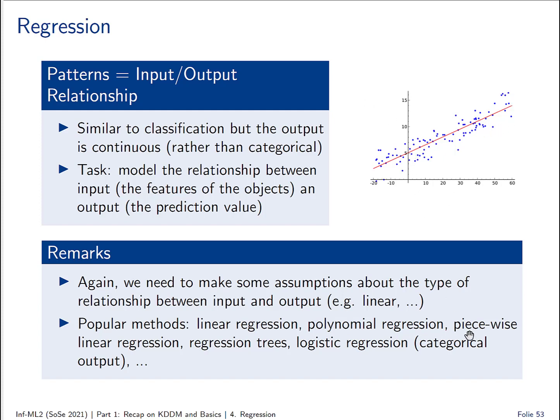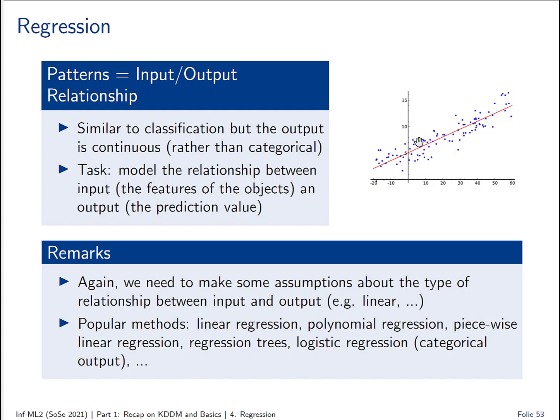Or we can try to come up with a kind of piecewise linear regression. We try to cut the input into pieces and then approximate each partition, so to say, each piece, with one specific linear model. So we may have a linear model in this lower left part here, and then another piece which has a different shape and a different slope.